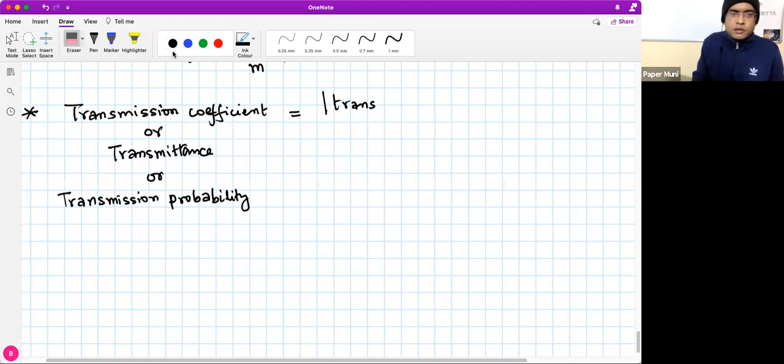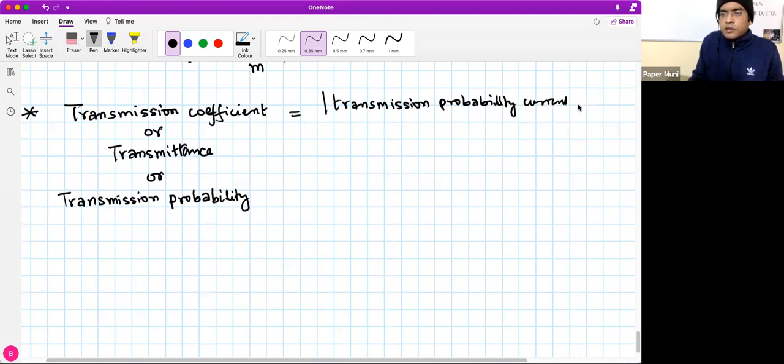So this is transmission probability current density, and we have incident in the denominator.